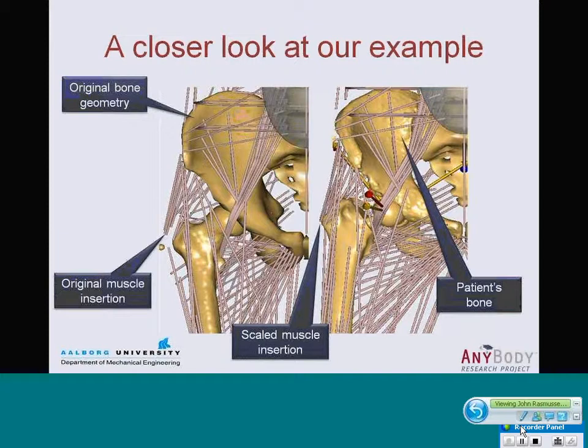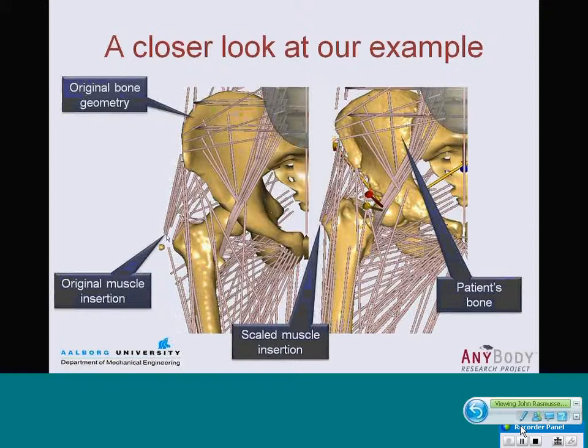So if we look closer at these 2 pictures and look a little bit at what's going on and what the operator has been doing, you can see the picture on the left is the original geometry, and we can see some of the things that are interesting.